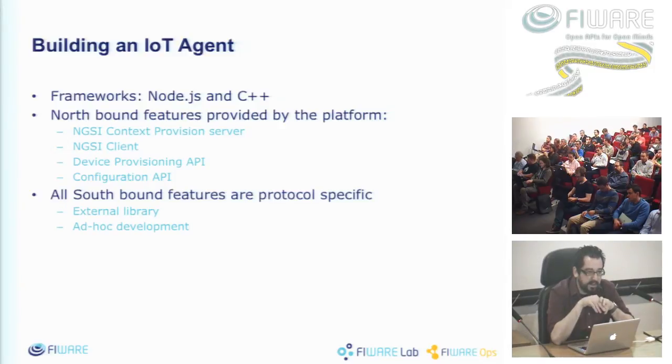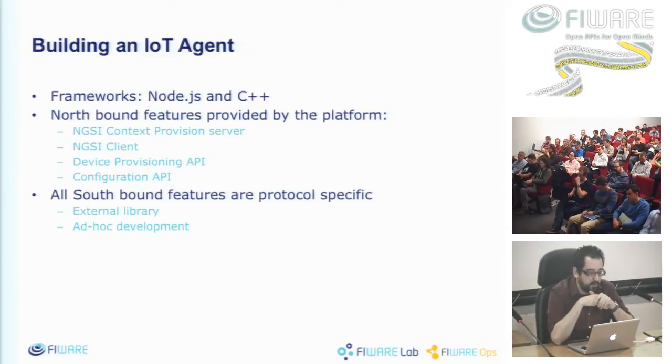It provides an NGSI client that can deal with features like multi-tenancy, security, and so on. And we provide a context provisioning server that will respond to the queries relayed by the context broker.